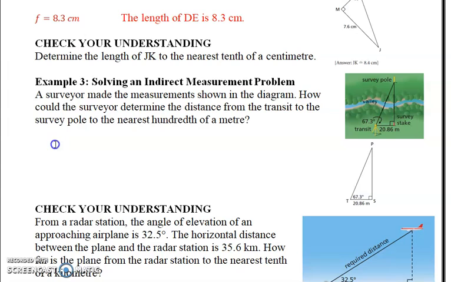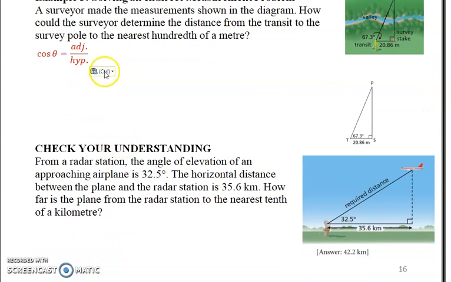So we're going to use the cos ratio this time, because we have the adjacent side, 20.86, and we're looking for the hypotenuse. So cos theta is going to be, the angle is 67.3 degrees.